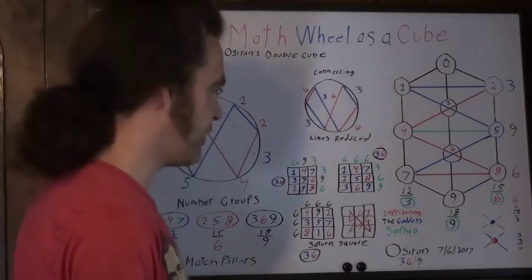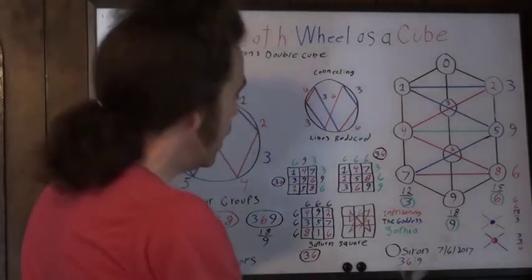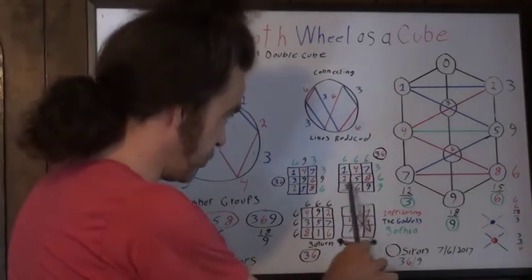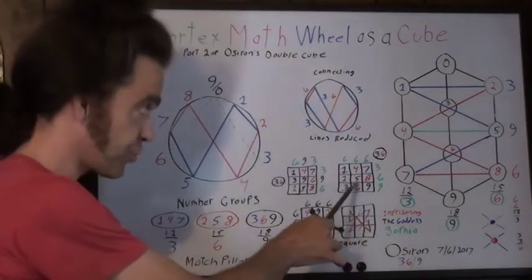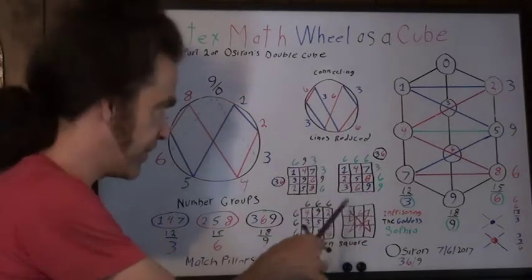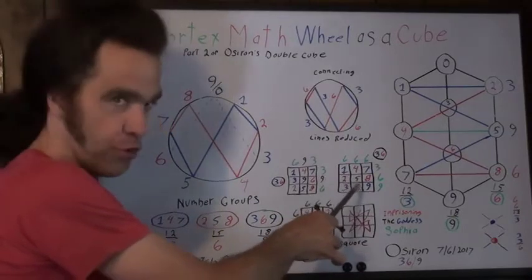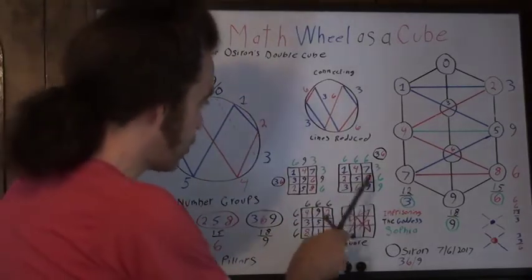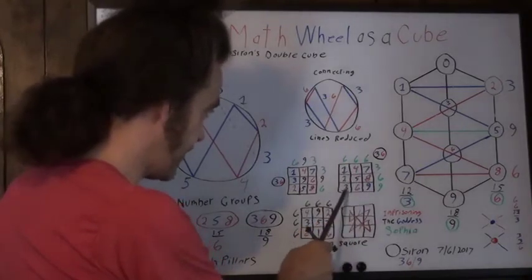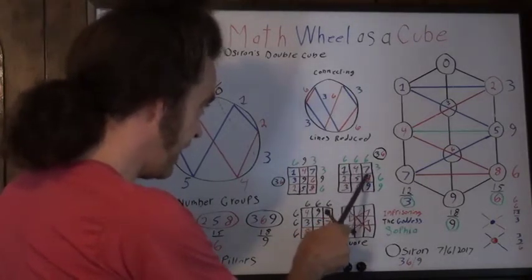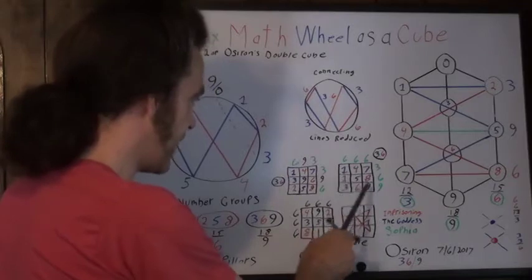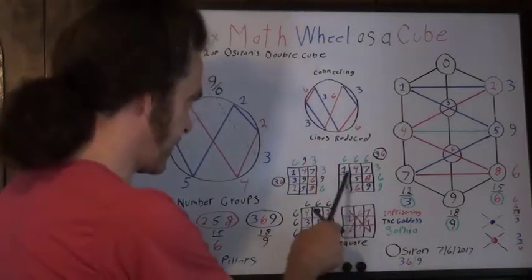It reduces to 1, 10 is just 1. So if you do that on the natural square, we can call that the natural square, because all this is the natural order of numbers. So 9 plus 1 is 10, 7 plus 3 is 10, 6 plus 4 is 10, 8 plus 2 is 10. So this does that too, with 5 right in the middle.